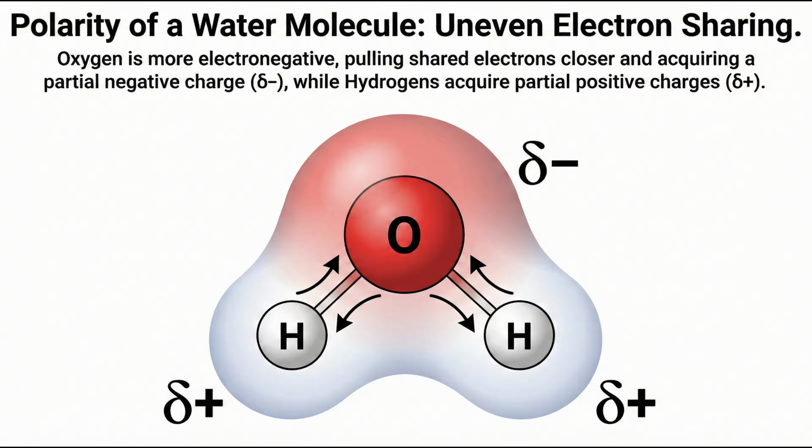So if you have 8 electrons and you're down by 2 protons, it gives the oxygen part of this molecule a slightly negative charge. Whereas the hydrogen atoms don't have as much time with the electron, so they take on a slightly positive charge.